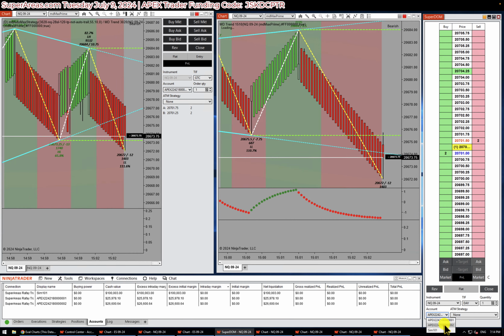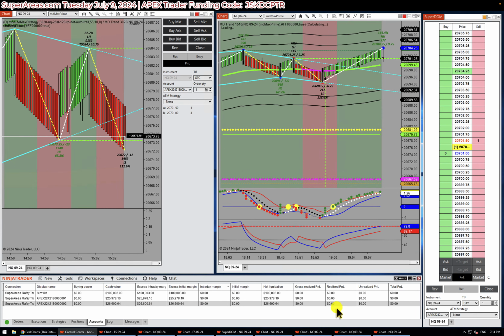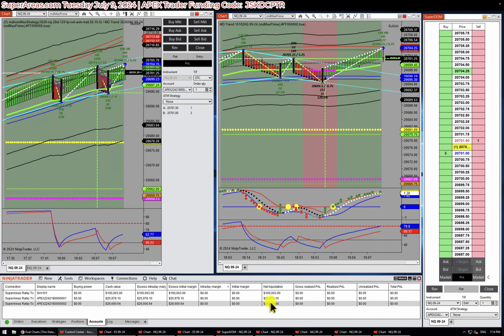This account is not paid for yet into a performance account, and this account is still in the evaluation stage. So if I accidentally traded this account and it gets blown, of course I can't pay for it, and I can't trade that account again.